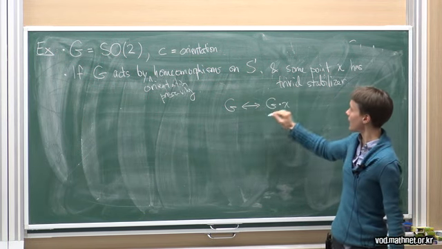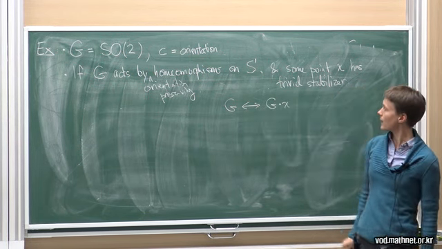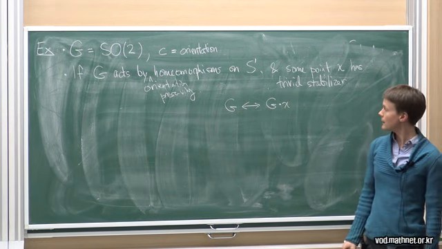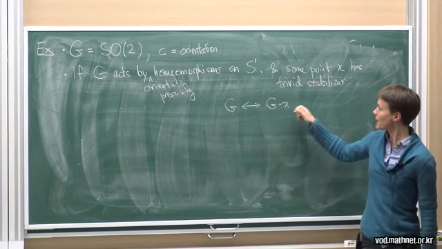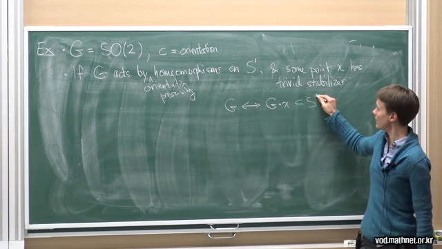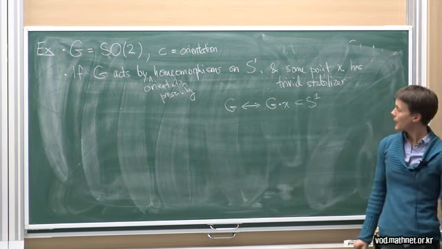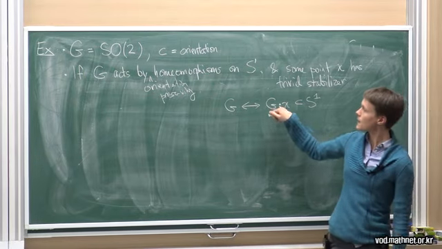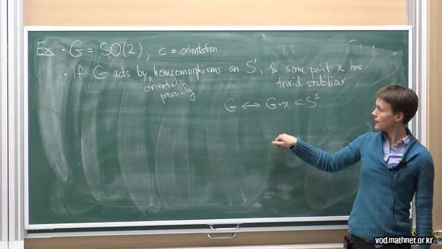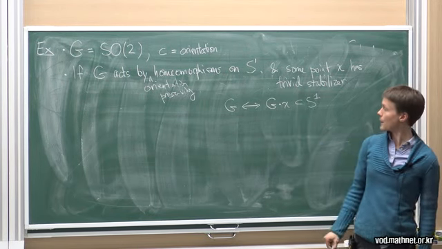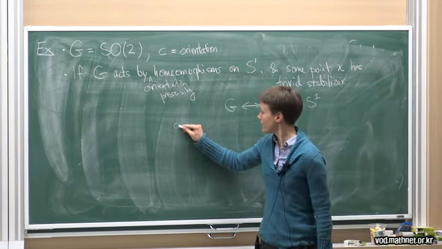So I can identify group elements with the orbit of this point. And this gives me an identification of my group with a subset of the circle. And I can look at the orientation cocycle on triples of these points. And that will give me a circular order on my group.